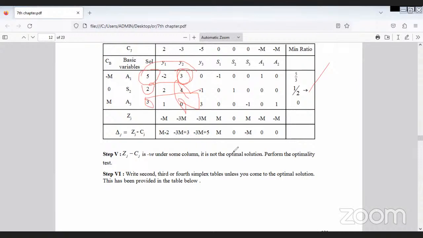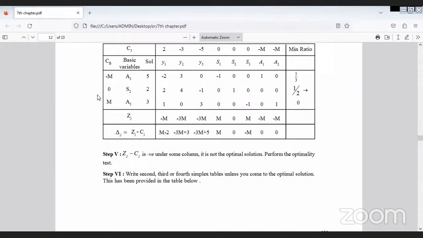Then ZJ is minus 2, minus 3. The CJ is ZJ. So 2 minus M, so take here 2 minus M minus 2. Therefore we are taking minus of M minus of 2, that is M minus 2, minus 3M.